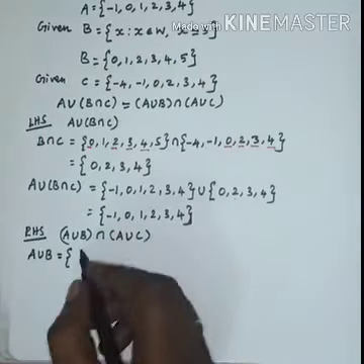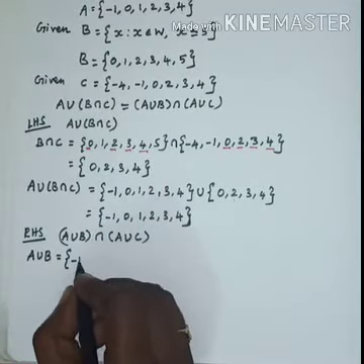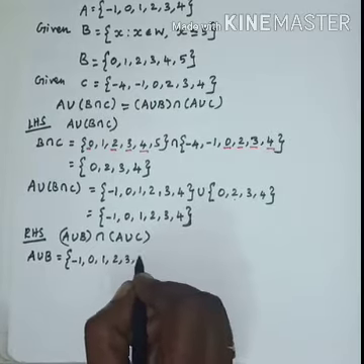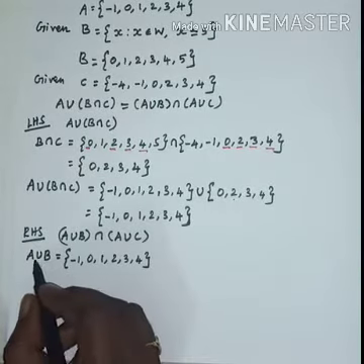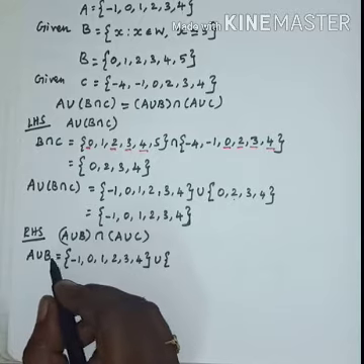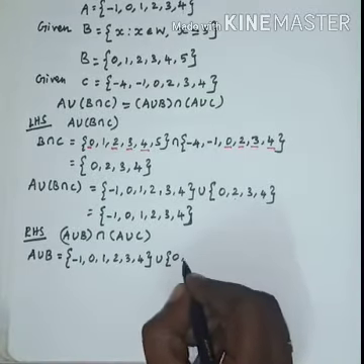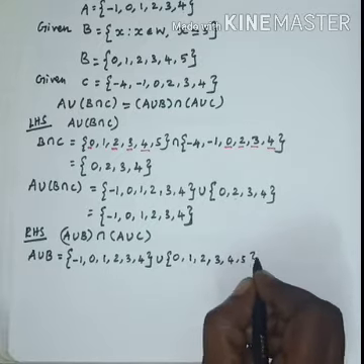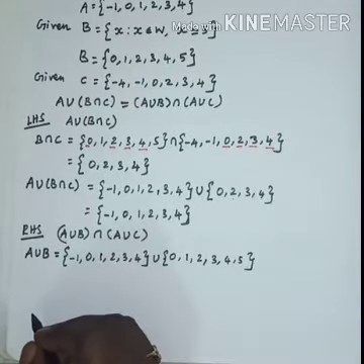The elements of A are nothing but -1, 0, 1, 2, 3, 4. These are the elements of A, and then union. What are the elements of B? The elements of B are nothing but 0, 1, 2, 3, 4, 5. These are the elements of B.